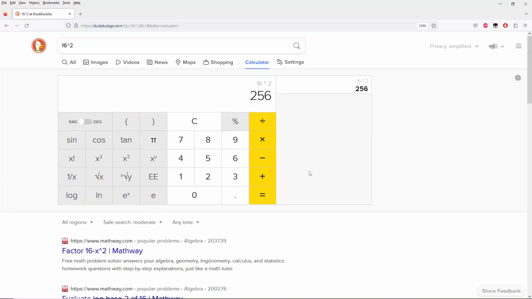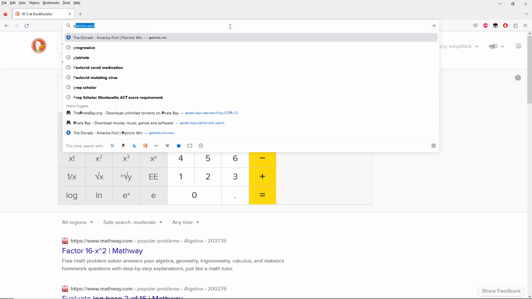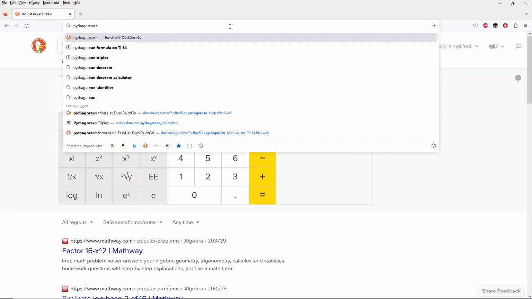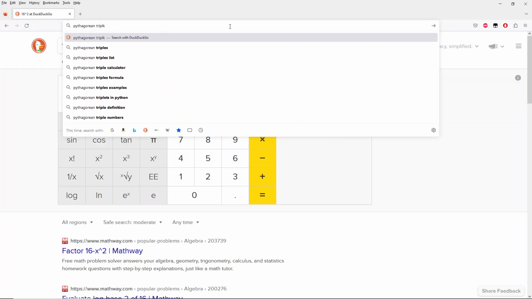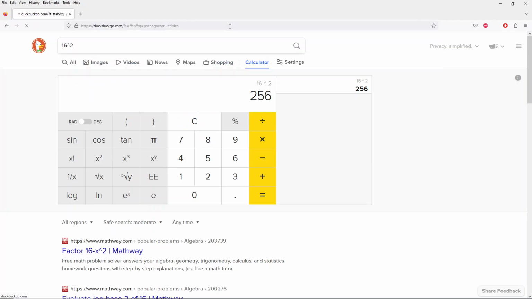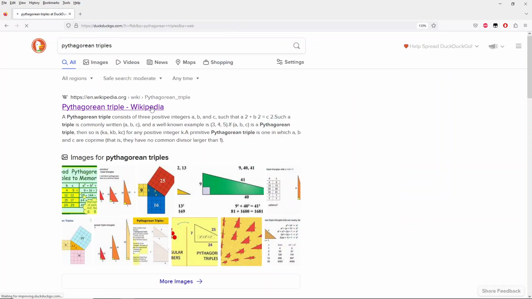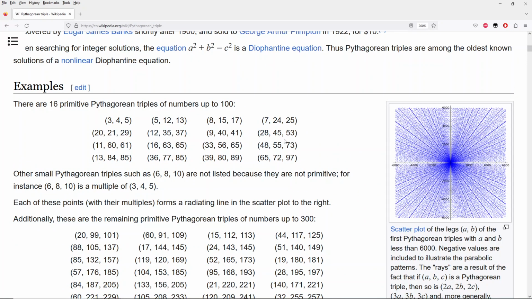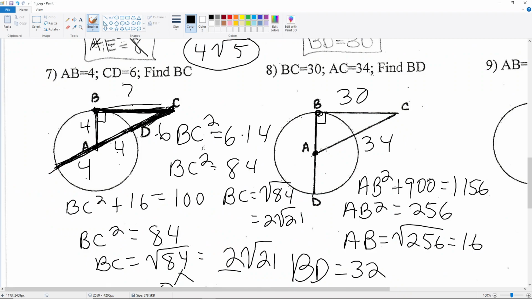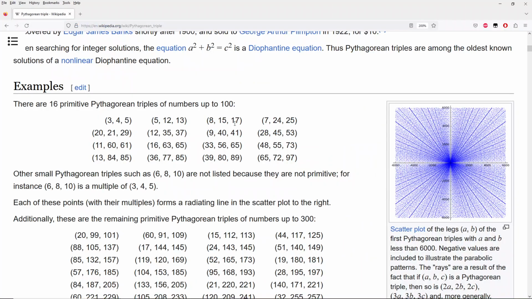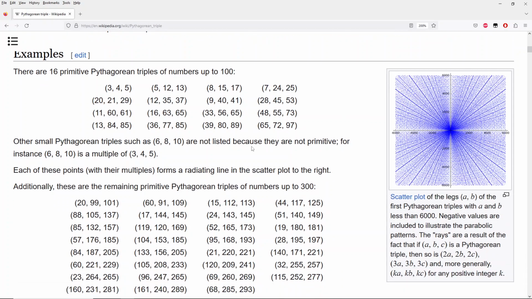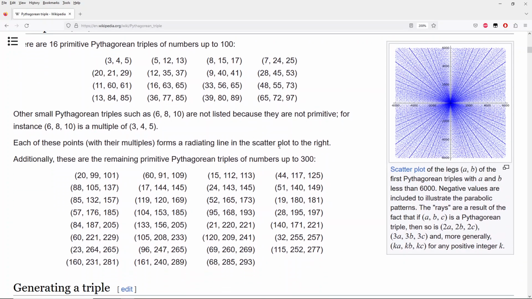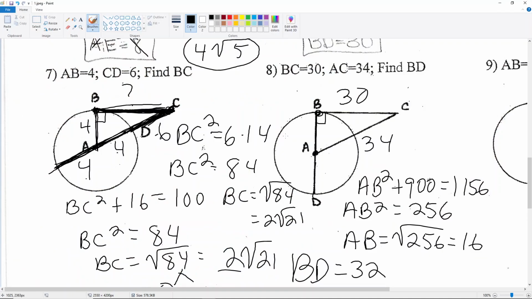I want to look up these Pythagorean triples and see if it might be worthwhile to memorize this list. The one we just looked at, 32, 30, 34, is not in our list of Pythagorean triples.